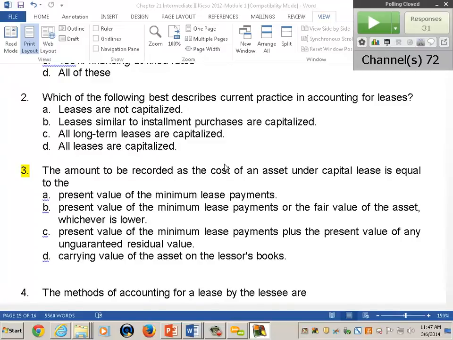Now remember, this is the beginning. You've got to get used to this again because the calculator has to be in beginning mode. So I want to do this also to remind you that if you need to switch the calculator, you have to take the blue key, hit that, and then hit the number 7. And the word begin should be on the screen, right? So the payments are at the beginning of the period.